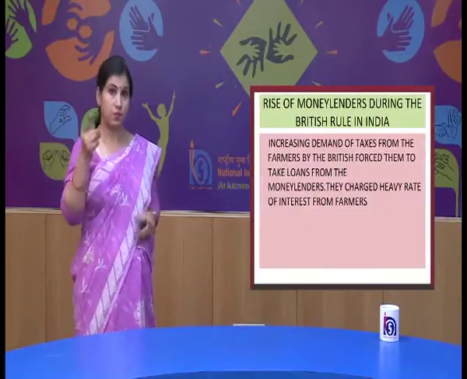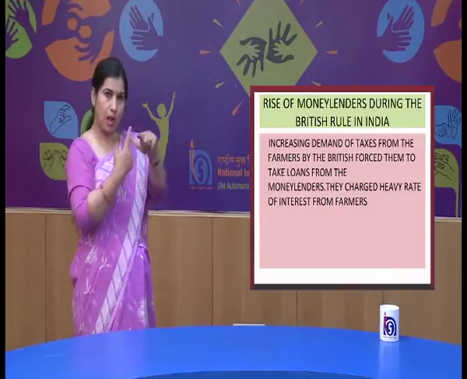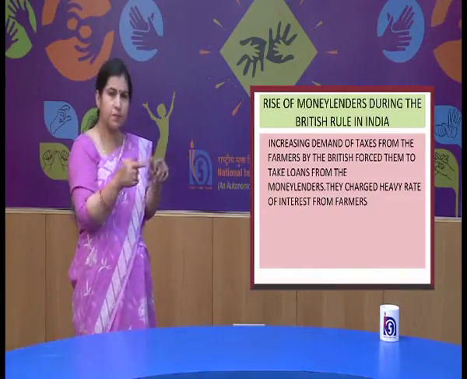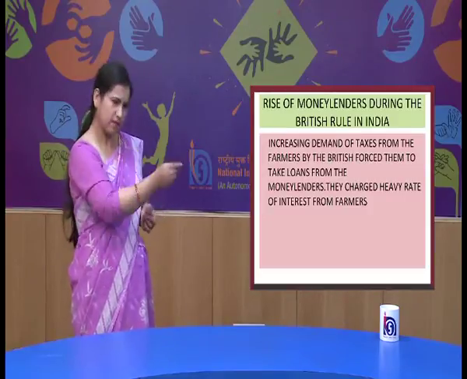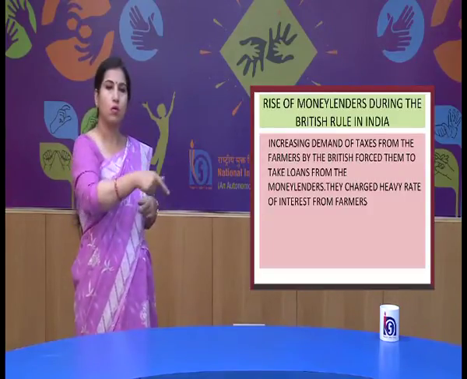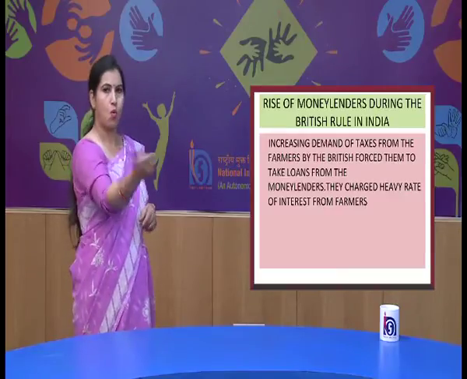Learners, let us now study how the British economic policies changed the social structure of the Indian society. Increasing demands of taxes from the peasants by the British forced them to take loan from the moneylenders who gave loans.